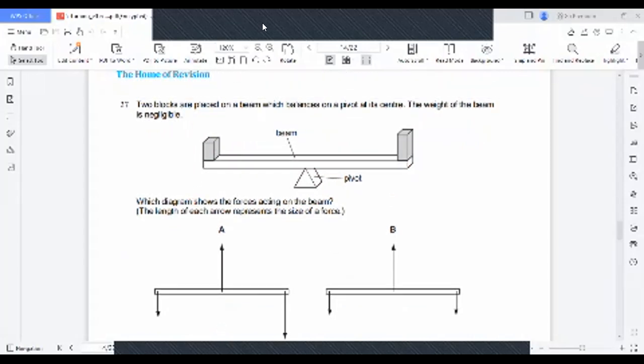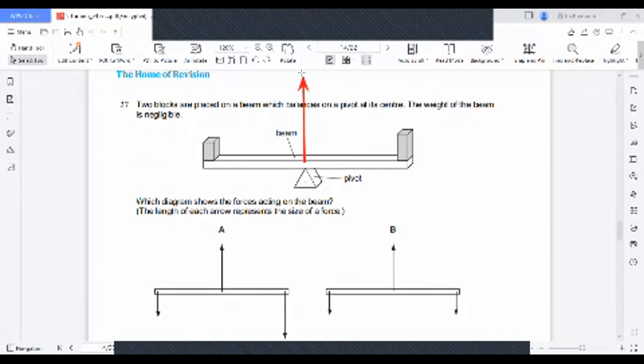Okay, now you know that the weight of this beam, suppose there would be some weight of the beam, would be acting in downward direction. At the same time, the pivot would be applying some normal force in upward direction like this. This would be the normal force provided by the pivot.